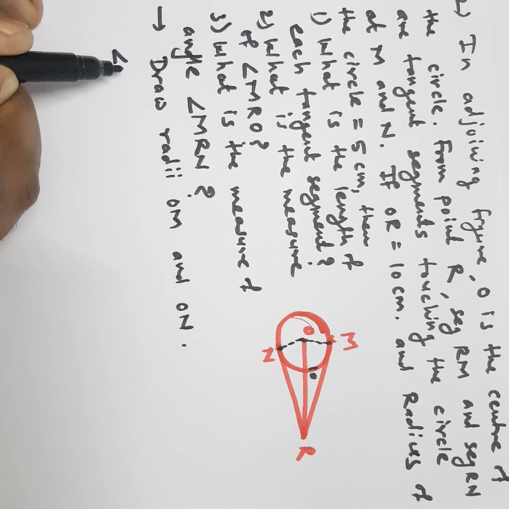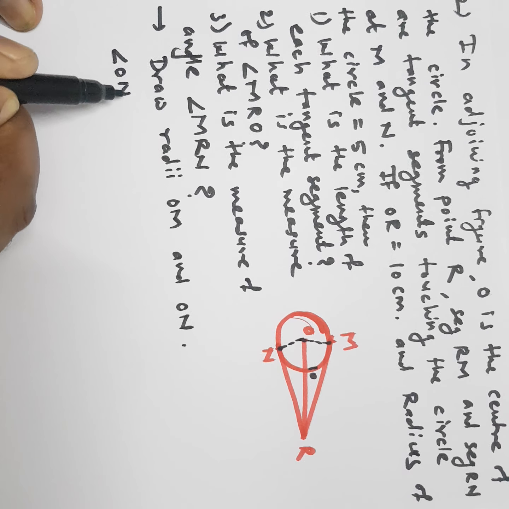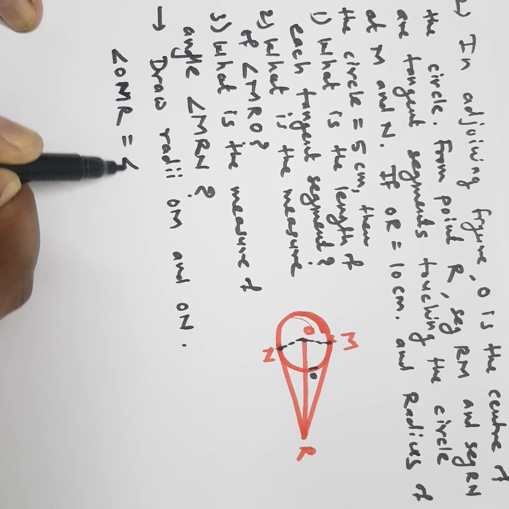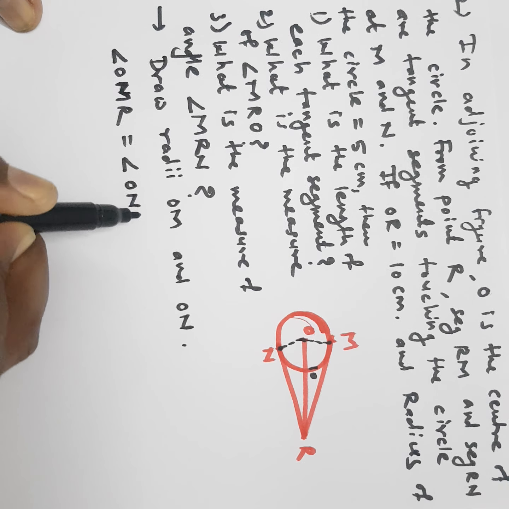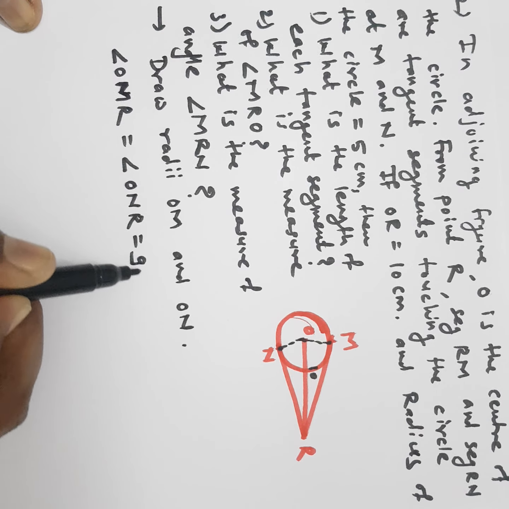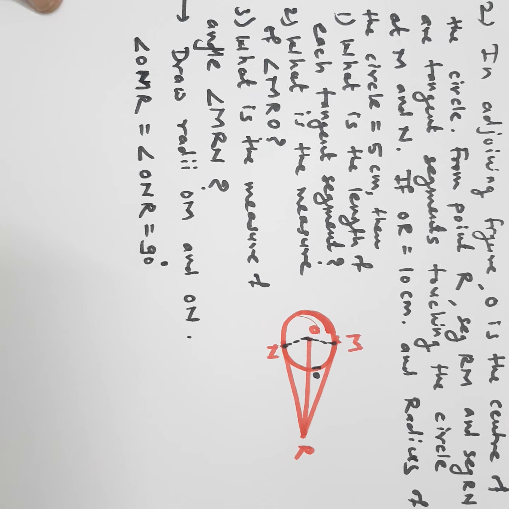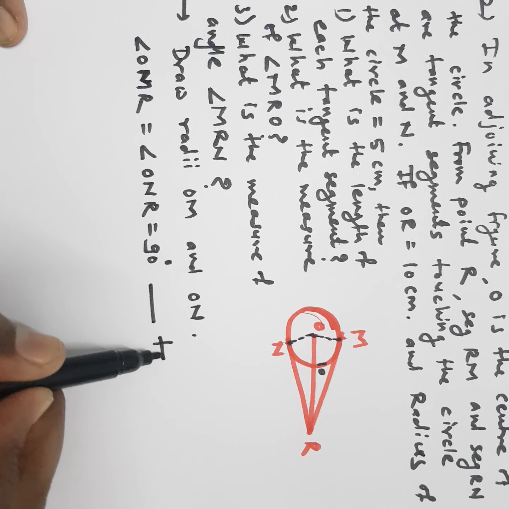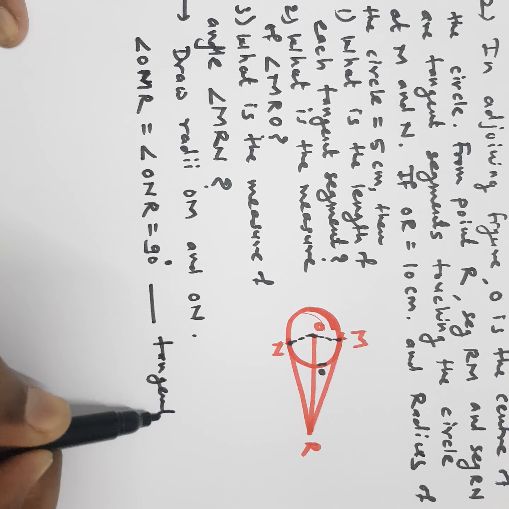Angle OMR is equal to angle ONR is equal to 90 degrees. That is the tangent theorem.